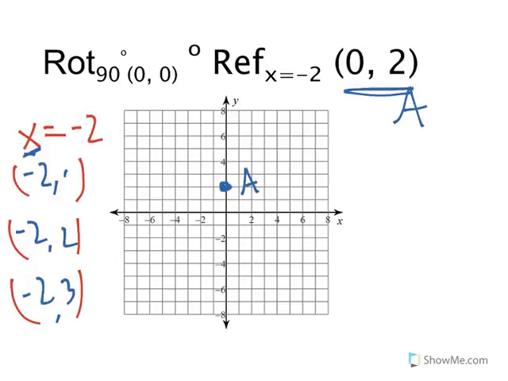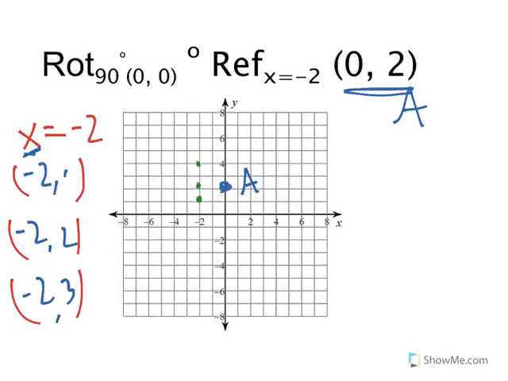And when you plot them, it should create the line for you. So this is the line x equals -2.